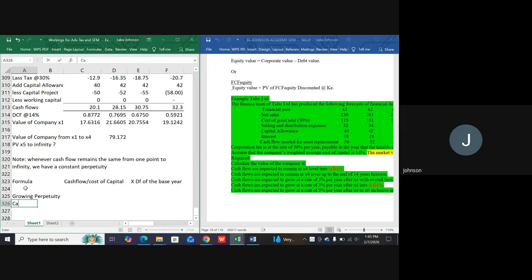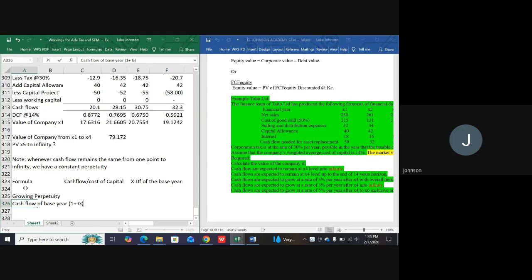So you are going to have cash flow of the base year. Then you now say in brackets, 1 plus the growth rate, 1 plus G, okay?